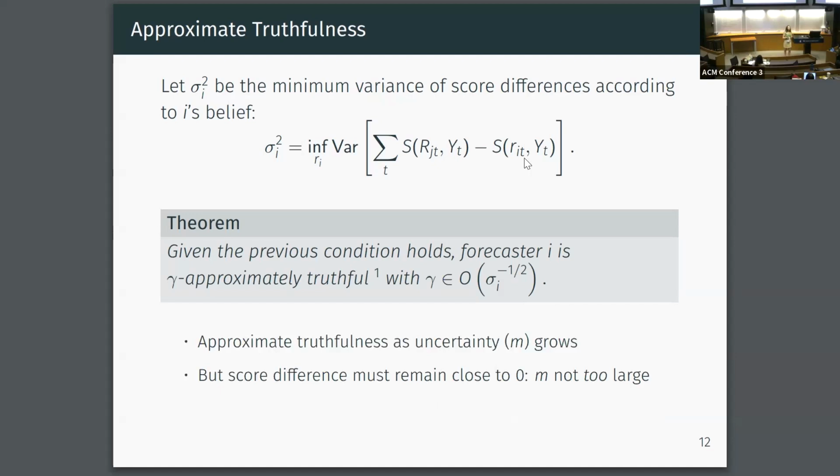But remember from our previous condition that we must have the score difference remain close to 0, right? In the sense that your probability of winning is never going to be too high or too low. And so we don't expect, with a large number of events, the disparities between forecasters to only increase. So eventually we're going to leave this regime where we have this result.